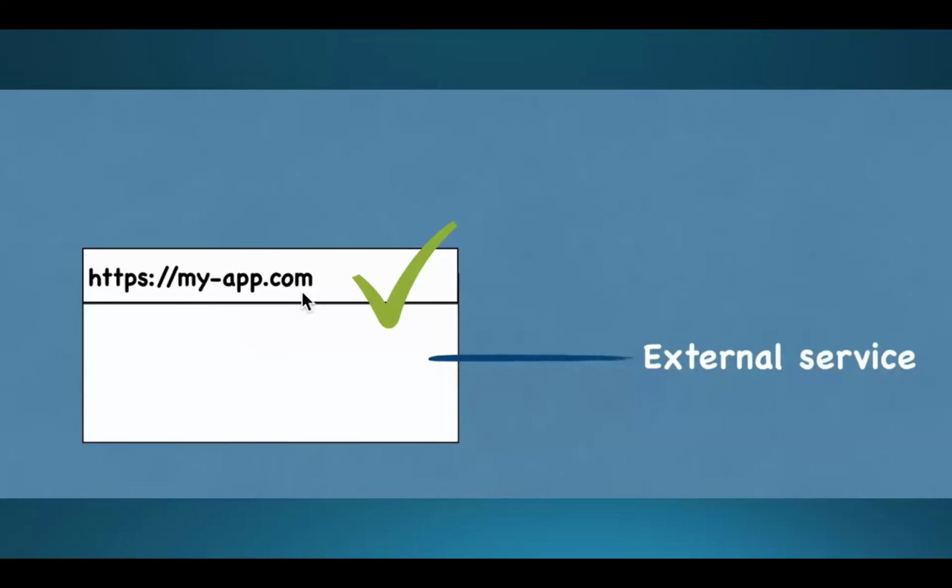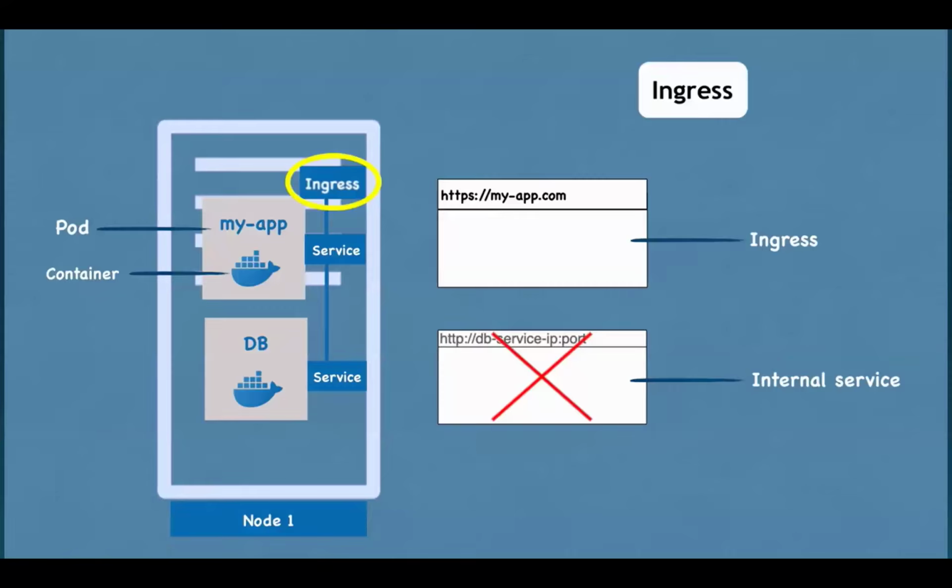So there comes another component into the picture, and that is Ingress. Ingress's job is to convert your external service into a readable, simpler format and make it live to the customer.